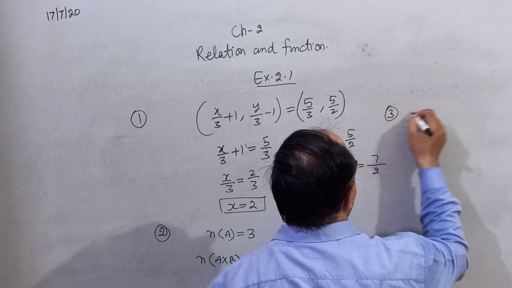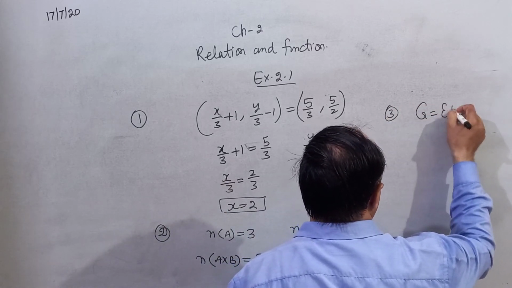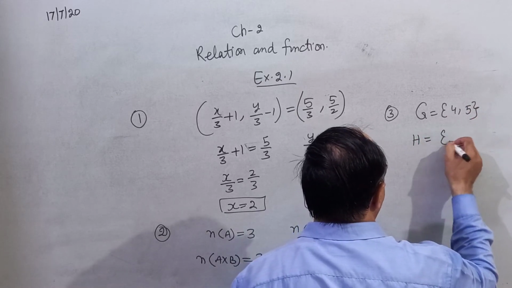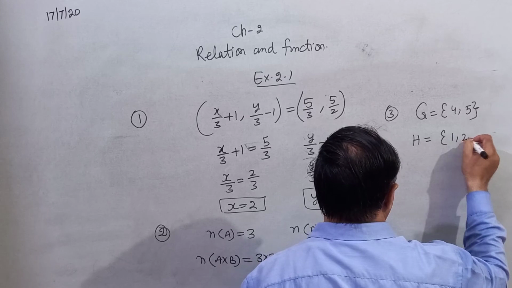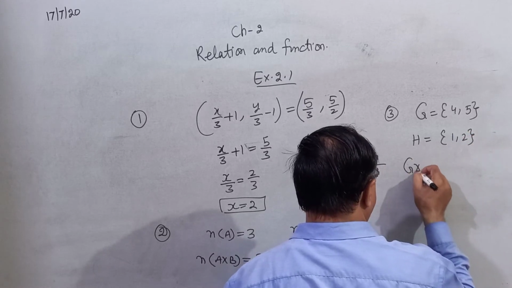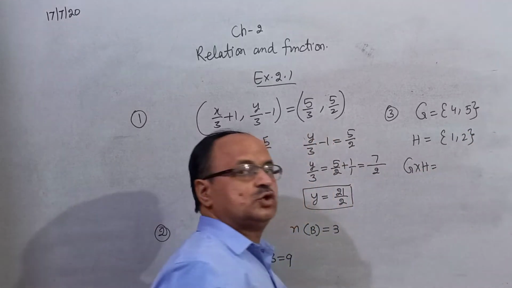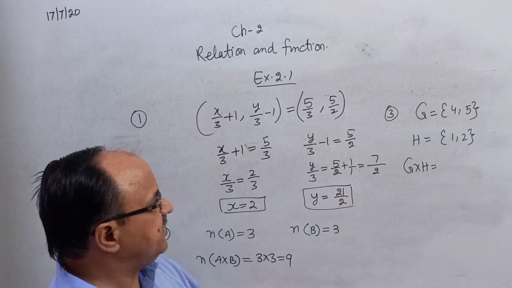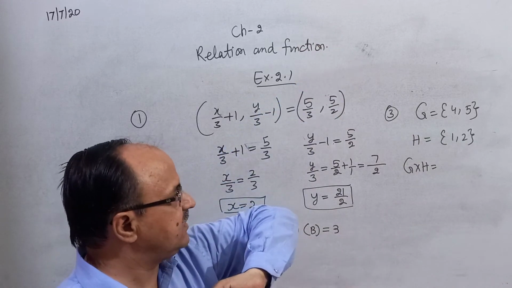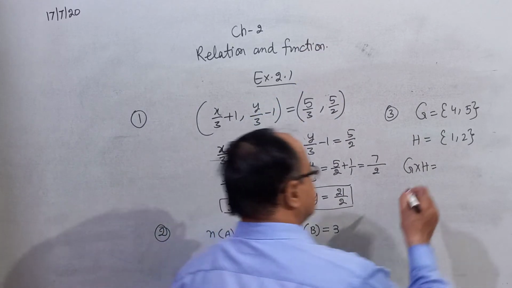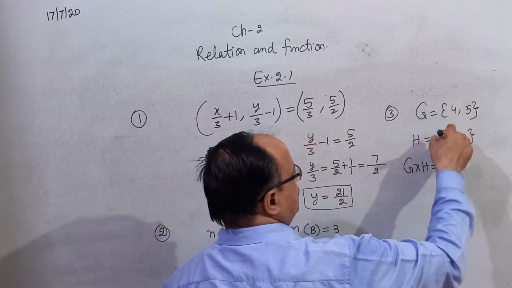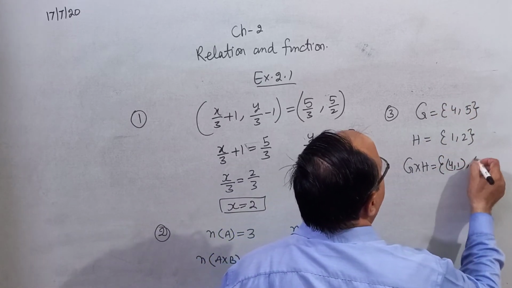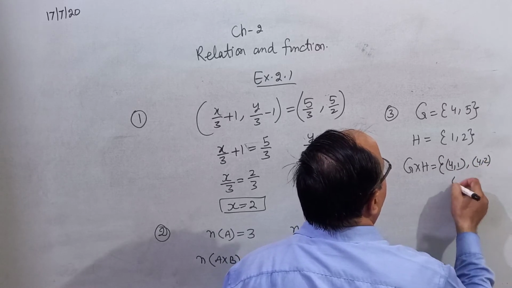And third question. G is a set containing 2 elements and H is a set containing also two elements. Can you find G cross H? In G cross H, the first element belongs to the G set and the second element belongs to the H set. So you can say 4 1, 4 2, 5 1, 5 2.